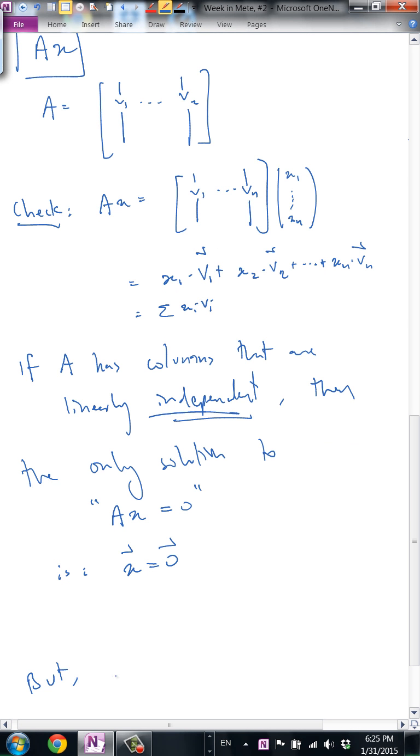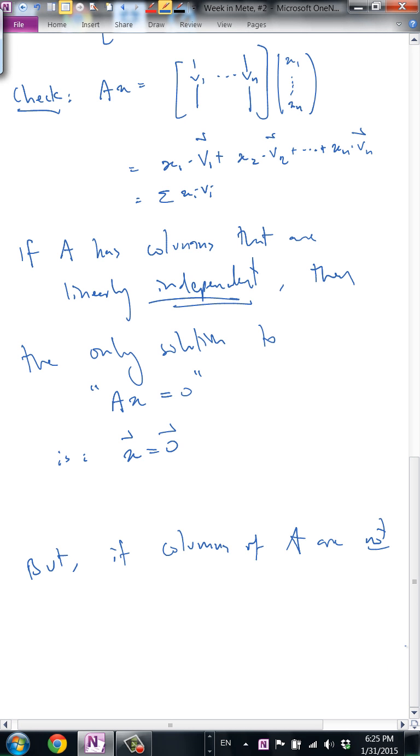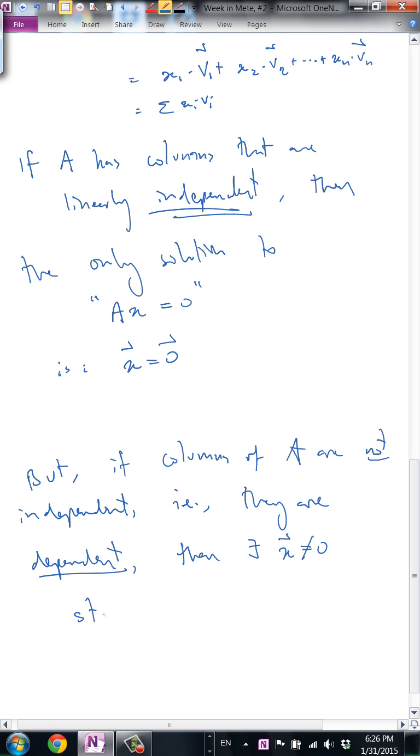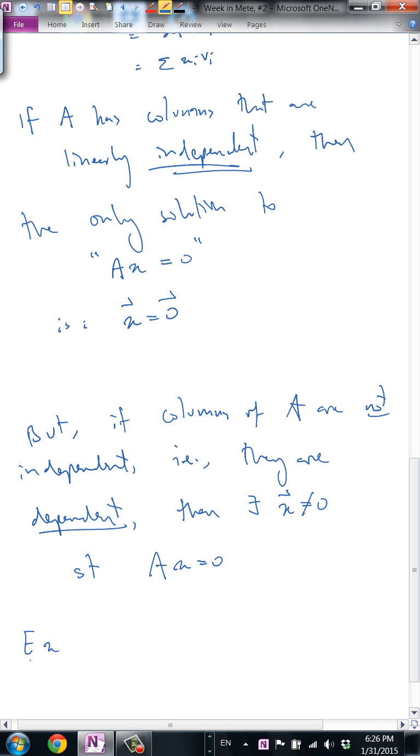But if the columns of A are not all linearly independent, in other words, they're dependent, then it means that there exists a vector x, which is not all zeros, such that Ax is equal to 0. And let me give you an example of this.